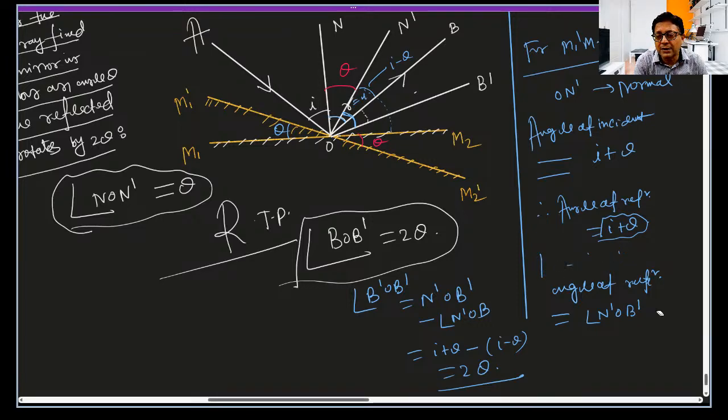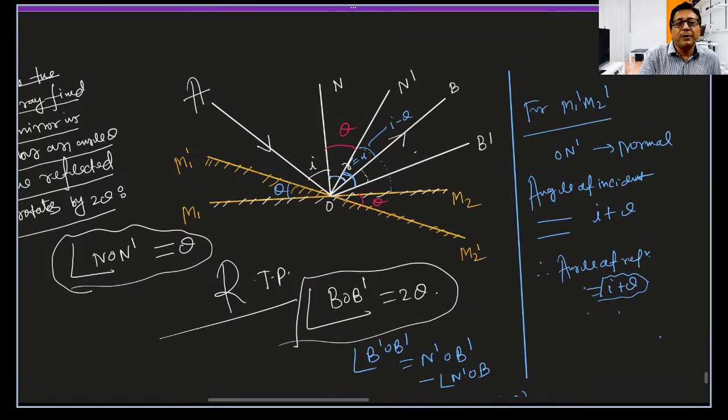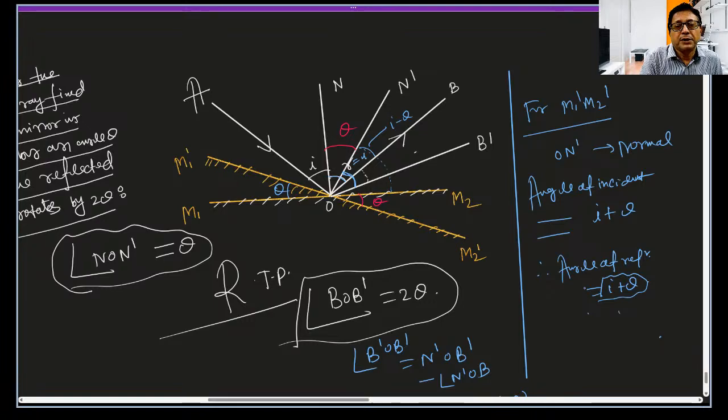You need not consider a separate diagram, just in the same diagram, because the angle of reflection, this I, means this total will be I, isn't it? And it is rotated by an angle theta, so this remaining part will be I minus theta.